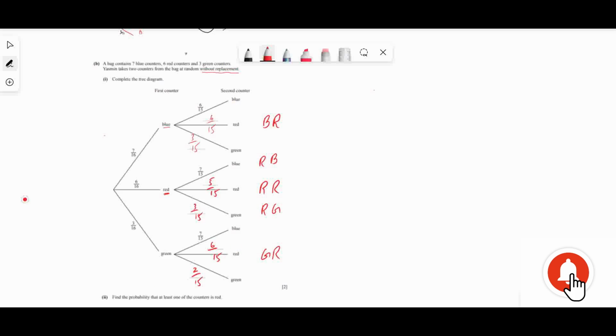So now what we can do, we have to find it out, that this will be 7 by 16 into 6 by 15. Then this will be 6 by 16 into 7 by 15.